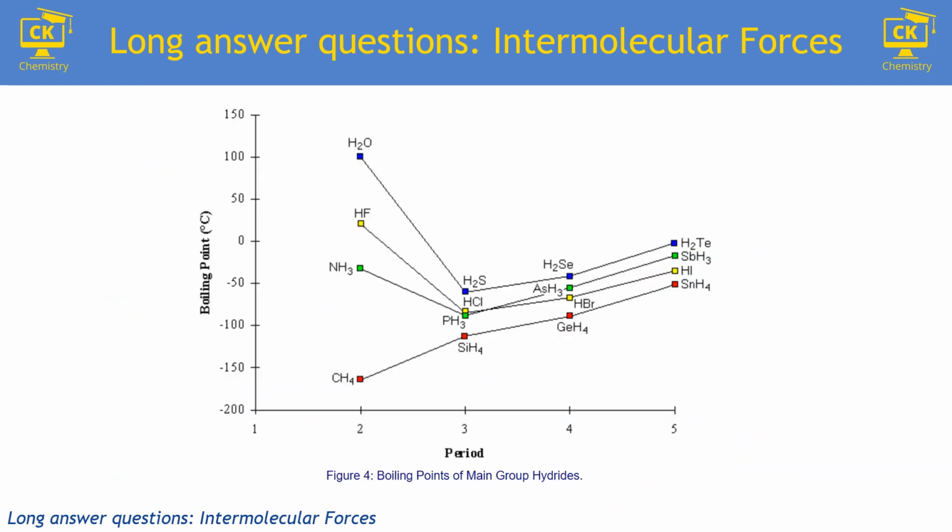Just as a last point, this type of question is really commonly asked about the hydrides of group 7, but it could just as easily apply to group 6 and 5, as you can see from this graph. So water and ammonia, as well as HF, all have hydrogen bonding.